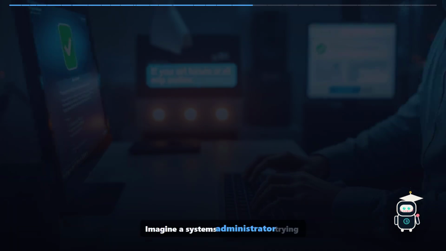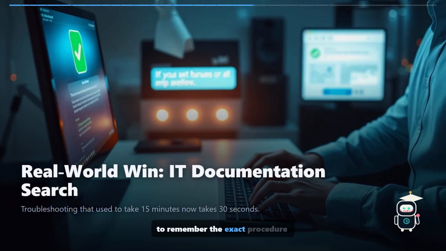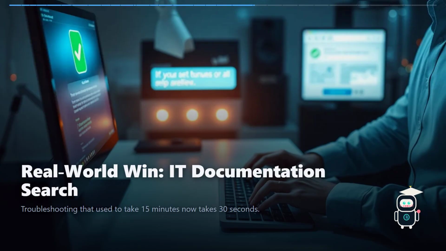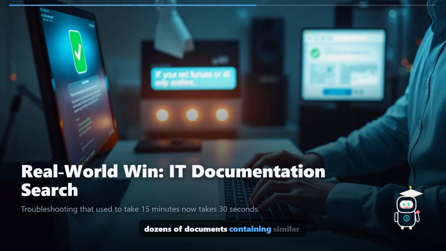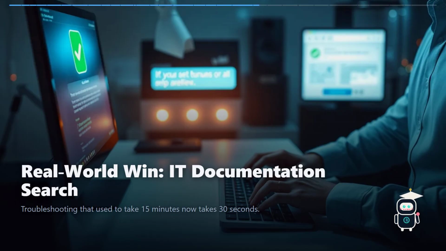Imagine a systems administrator trying to remember the exact procedure for resetting a VPN certificate. Searching the company wiki returns dozens of documents containing similar keywords, forcing them to manually open page after page, looking for the right instructions. Now imagine asking the same question through a RAG-powered assistant.